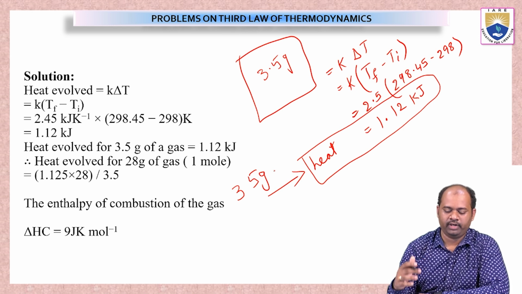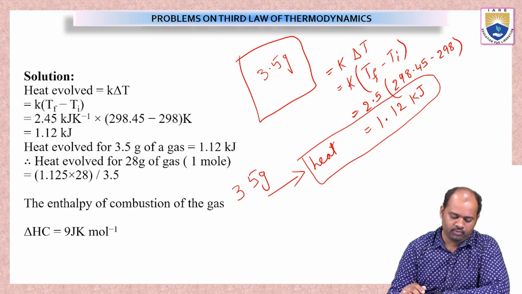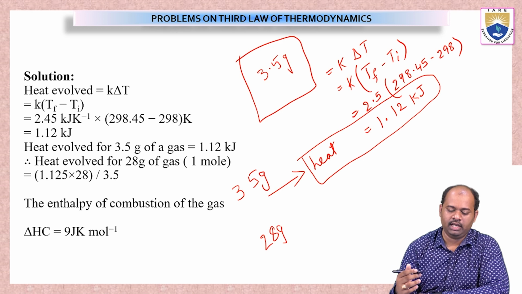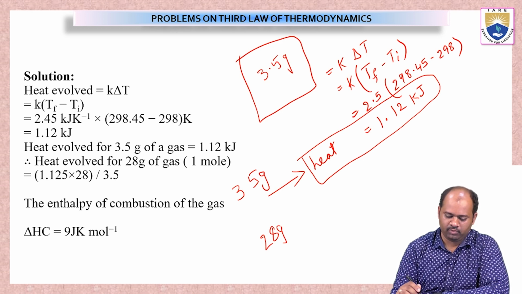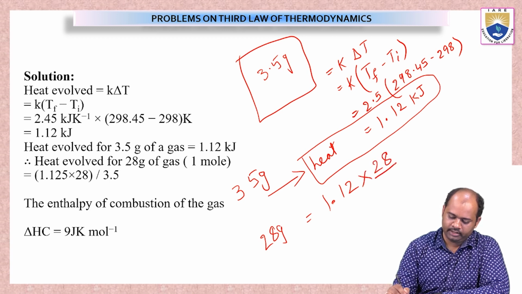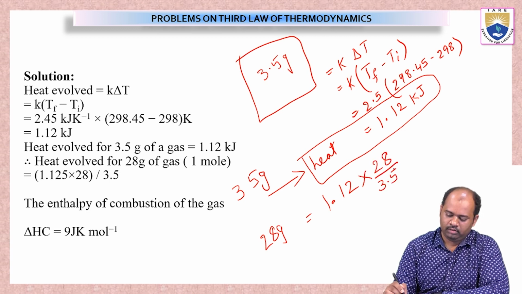Now we have to calculate the heat evolved for 28 grams. So 28 grams is 1 mole, since the molecular weight of the gas given in the question is 28. So for this, 1.12 multiplied by 28 divided by 3.5.